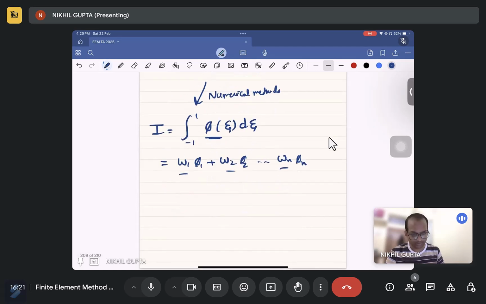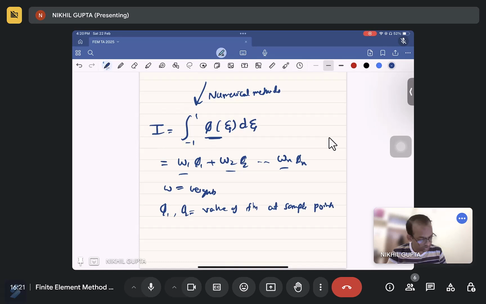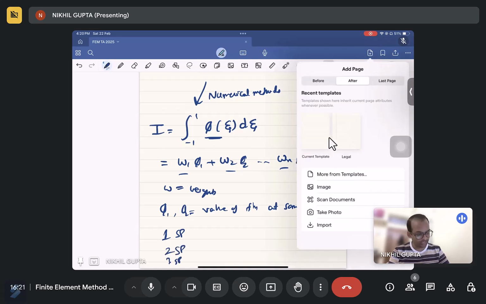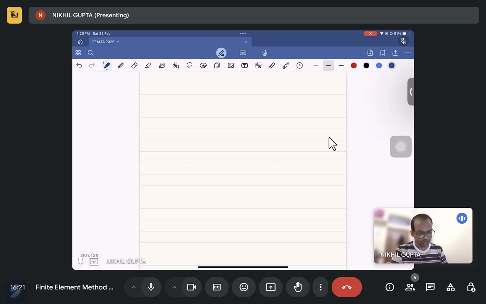The w's are the weights, and phi 1, phi 2 are the values of the functions at sample points. In the question you will be told that you have to use one sample point, two sample points, or three sample points. Accordingly you have to write it. Let's see, you are solving a linear polynomial.